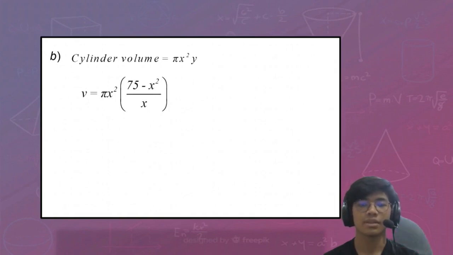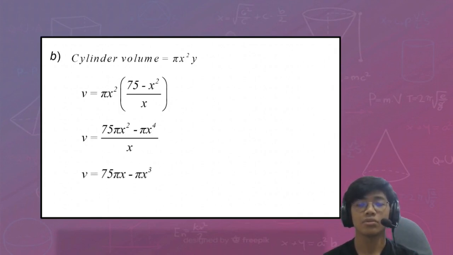Then multiply pi x square by 75 and multiply pi x square by minus x square, and then divide it by x. It will become volume equal to 75 pi x square minus pi x to the power of 4, over x. Last step, simplify the equation by cancelling x. And then it will become volume equal to 75 pi x minus pi x to the power of 3, which is the same as the question to prove.